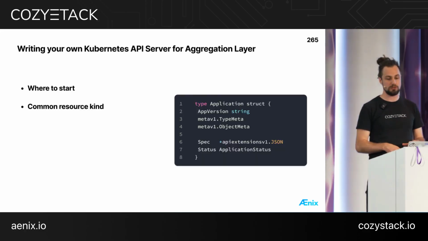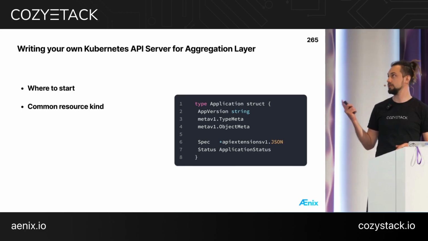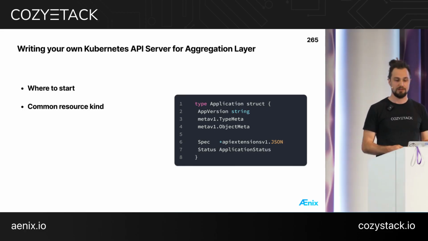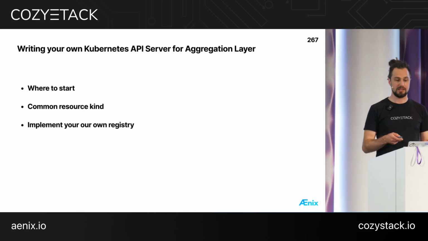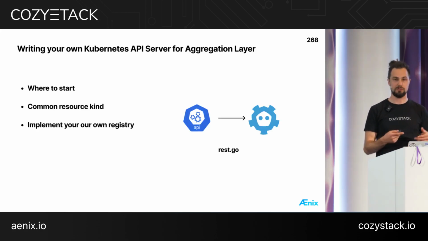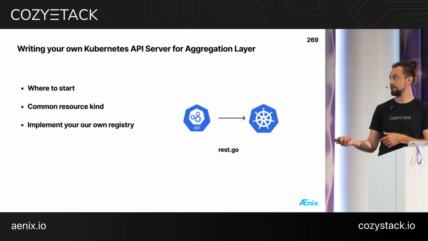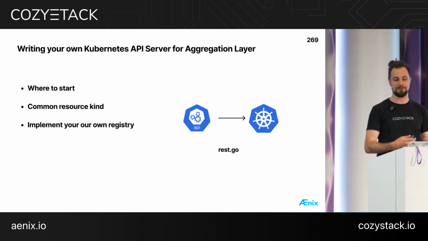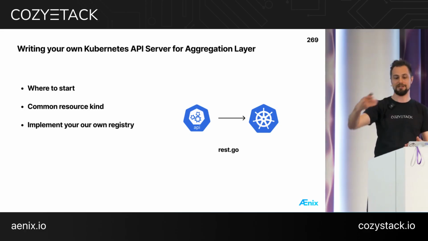we created a common resource kind. We named it application. Then we implemented our own registry. The default implementation used etcd. We replaced it with a Kubernetes client, which allows you to go directly to the existing Kubernetes cluster and use it as storage.